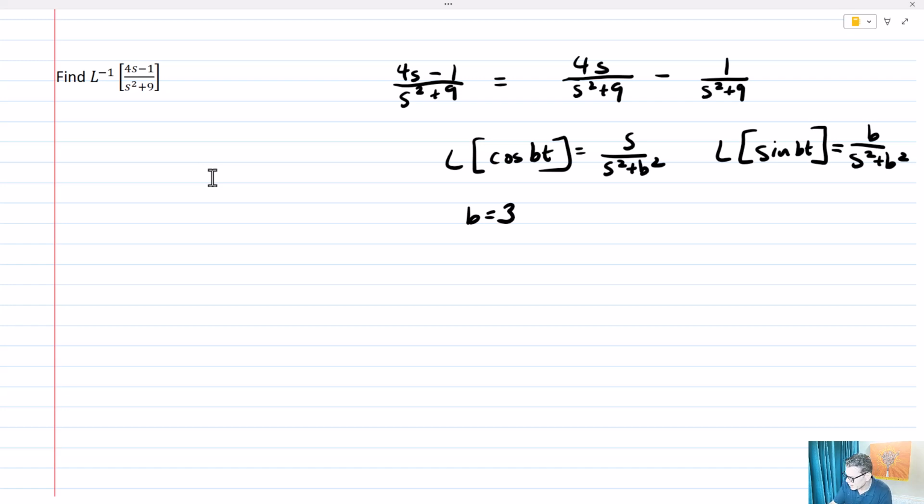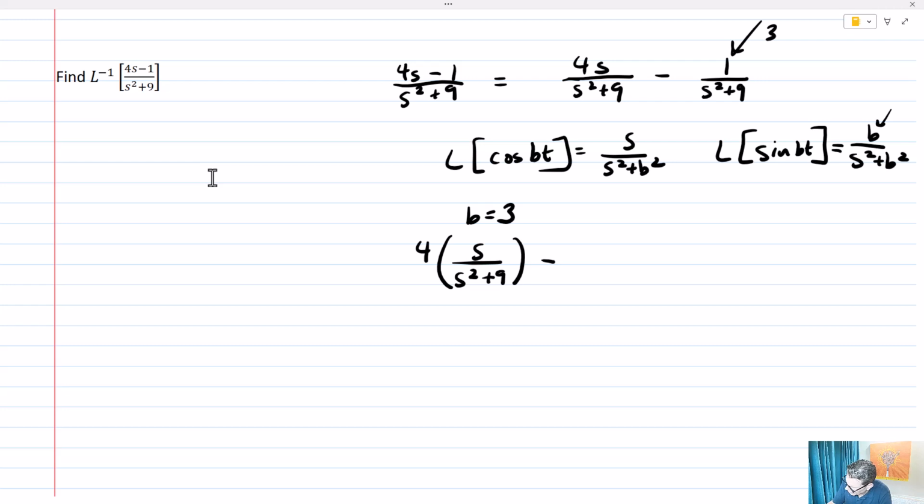And what I'm going to need to do is first factor out the 4. And that gives me 4 times s over s squared plus 9. And then minus, and we're going to do the same thing that we did before. If you remember, we need to have a 3 now in the numerator in order to have the proper inverse.